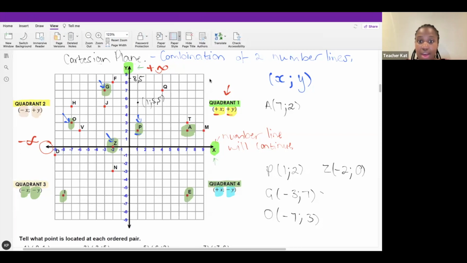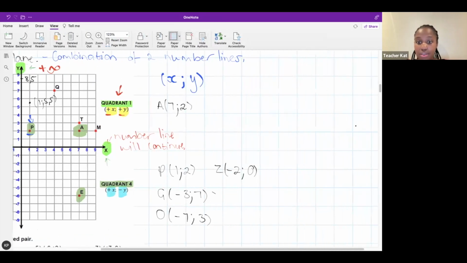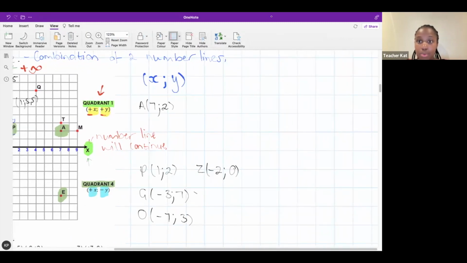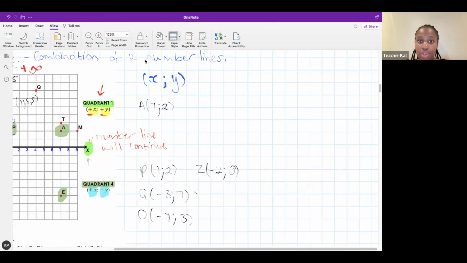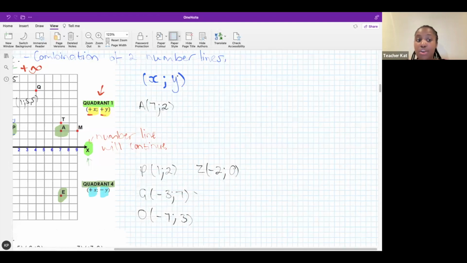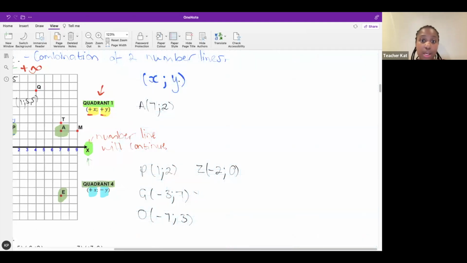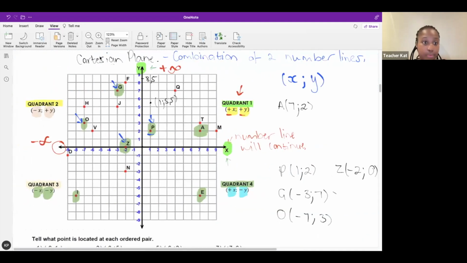I can either have this grid, which I'm just showing you as an example, with the thick grid blocks, or a grid like that where the blocks are a little bit smaller, or a grid like that where the blocks are really tiny. In this case, you would be able to accurately find the decimal points. I hope I answered your question, Blessing.